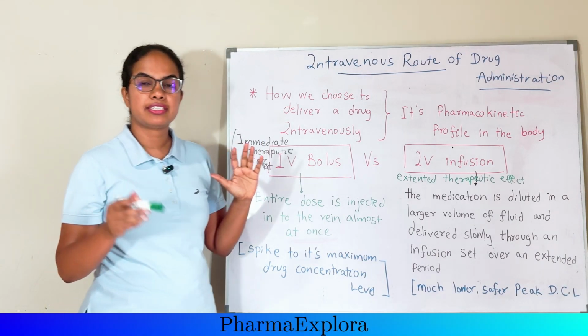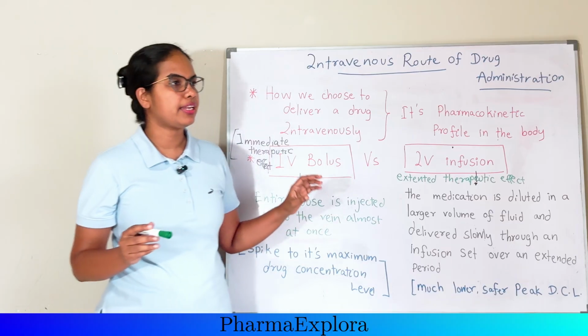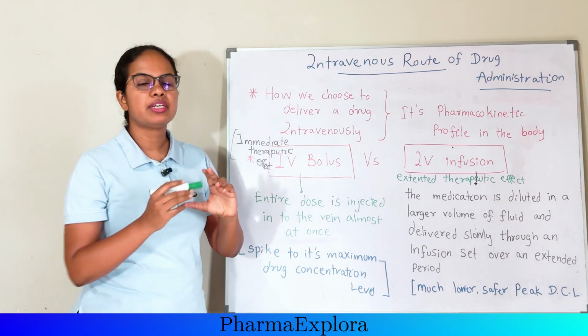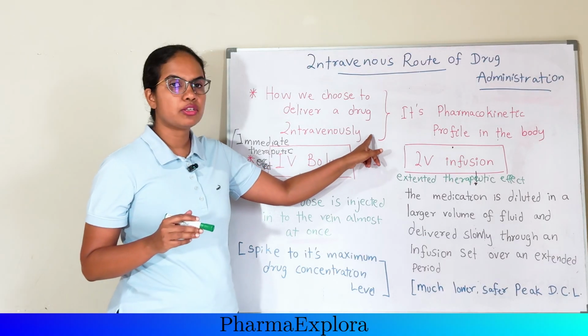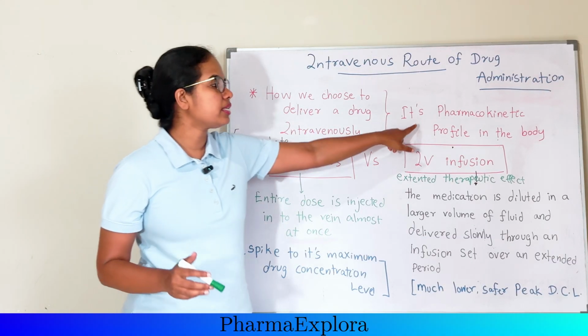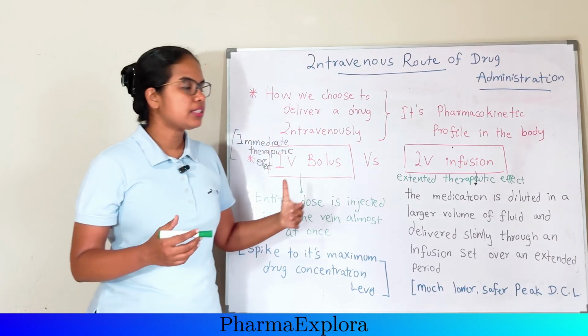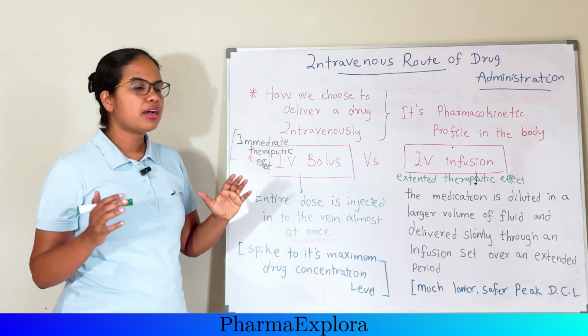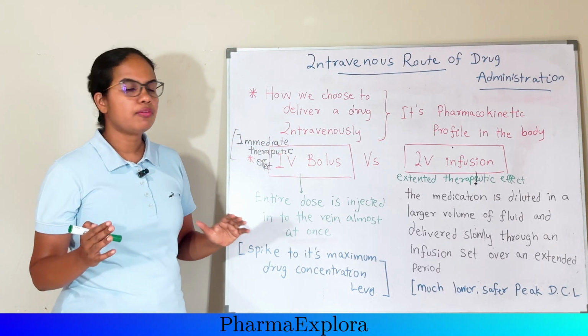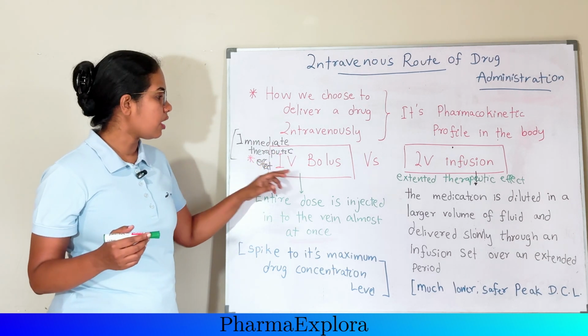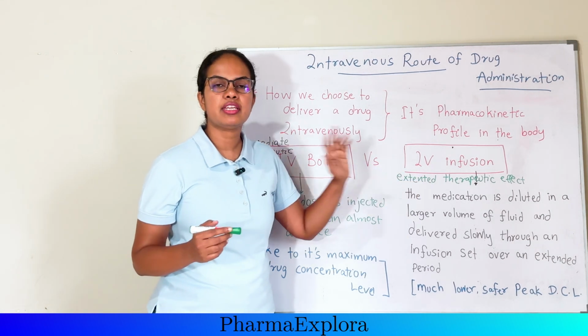Let me repeat it again for your clear understanding. How we choose to deliver a drug intravenously is going to completely alter its pharmacokinetic profile in the body. There are primarily two methods of intravenous injection: IV bolus and IV infusion.